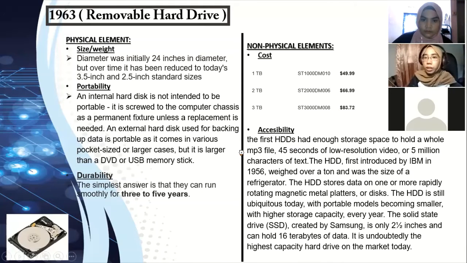So for accessibility, the first HDD has enough storage space to hold about 5 MP3 files, 45-second low resolution video or 5 million characters of text.